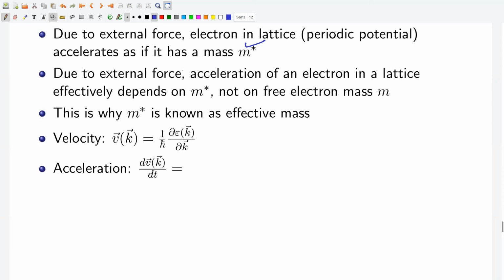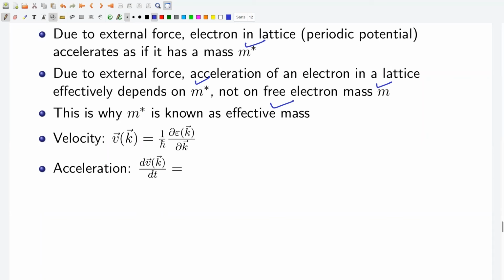Due to external force, the acceleration of an electron in a lattice effectively depends on m star, not on the free electron mass m, which is a fundamental constant. This is why m star is known as effective mass.